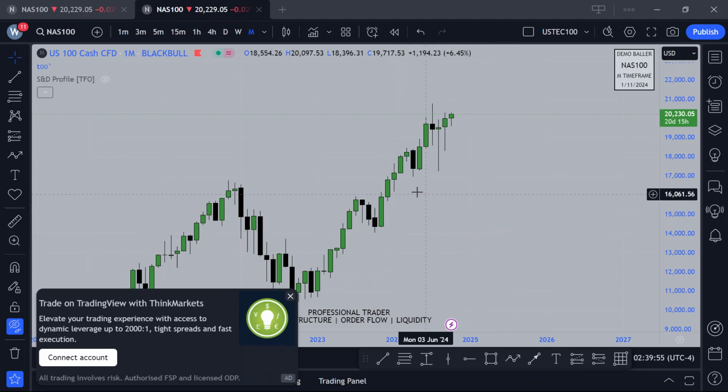But because we did not break this low, price remained bullish. So a quick and easy way to understand this is that if the market is making higher highs, higher lows, higher highs, higher lows, higher highs, this low should not be broken. It should not be ran through.